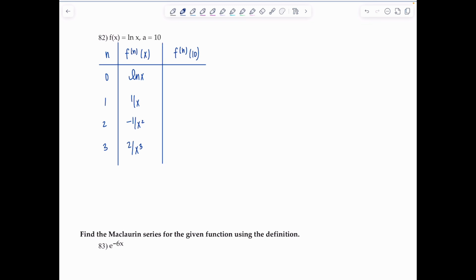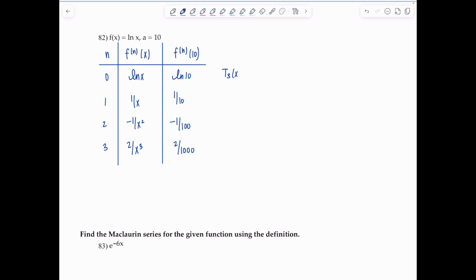And then let me substitute in 10 now. So this would be ln of 10, 1/10, negative 1 over 100, and 2 over 1,000. All right. Let's put it all together.